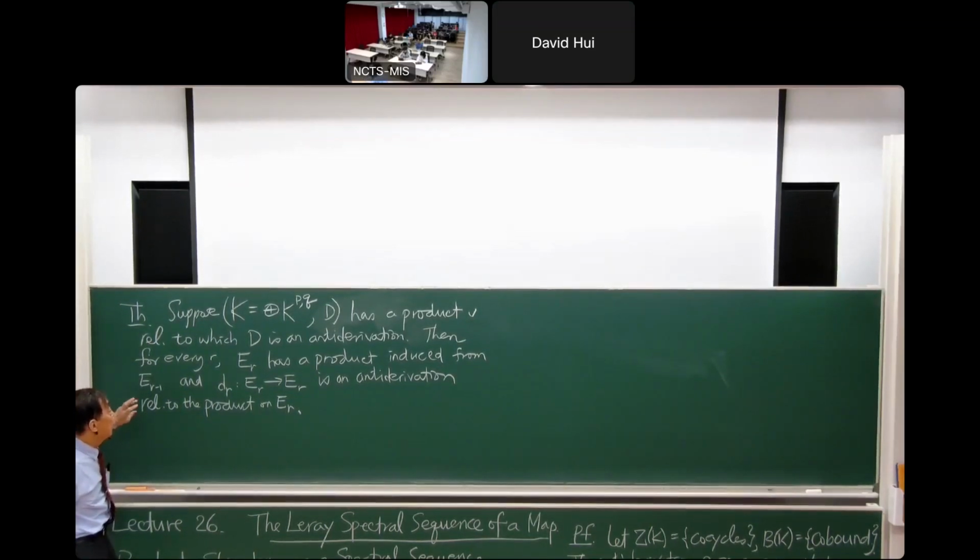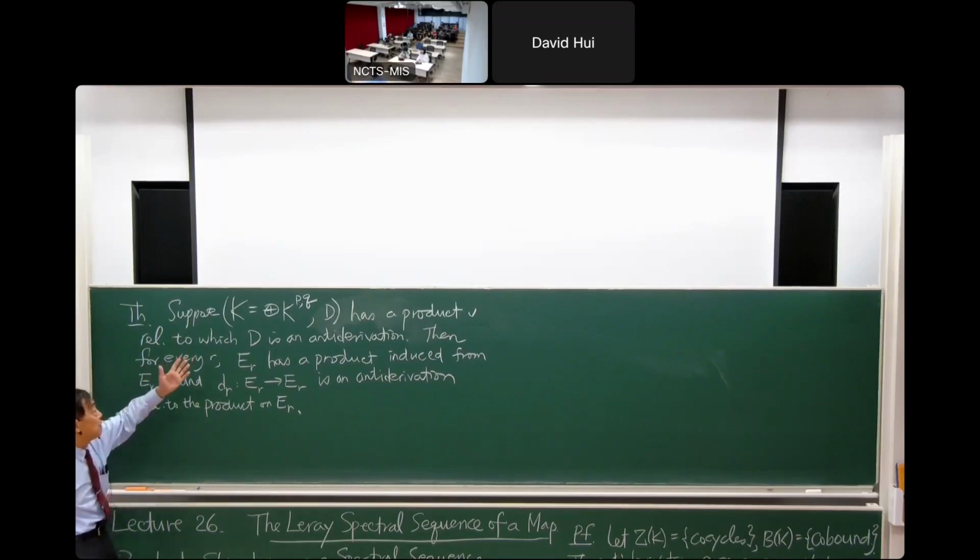Well, the main thing to prove is that d_r is an antiderivation. Then from the previous theorem, you know that the next E_r will have a product, and this will propagate, right?